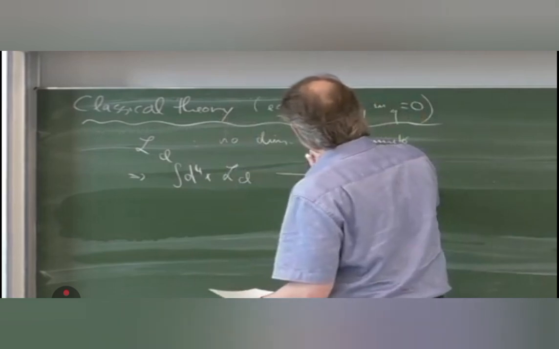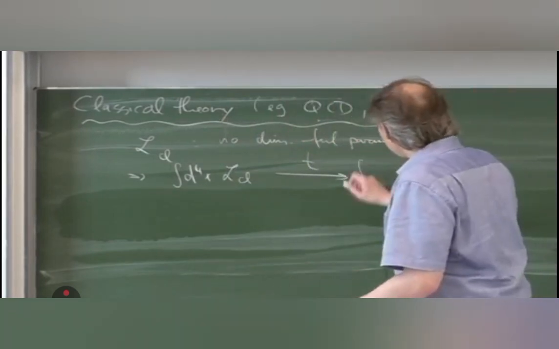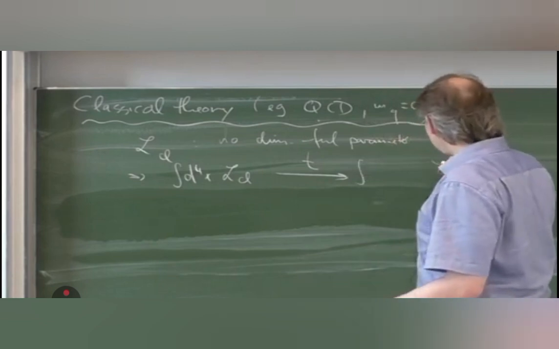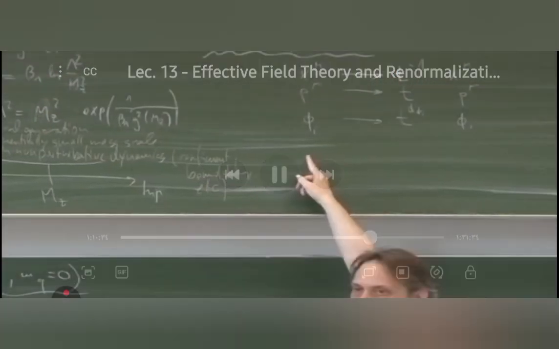Apply this scale transformation with parameter lambda. Then every term in the Lagrangian behaves as follows. Every term in the Lagrangian contains an operator consisting of the fields and the derivatives.